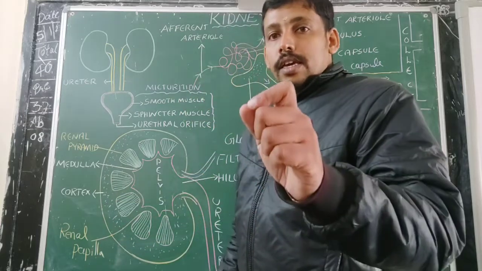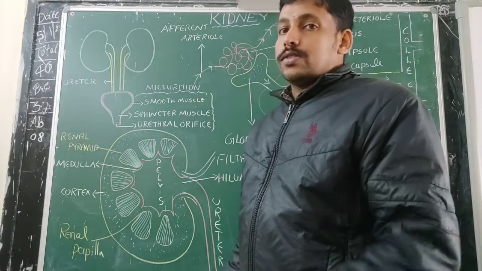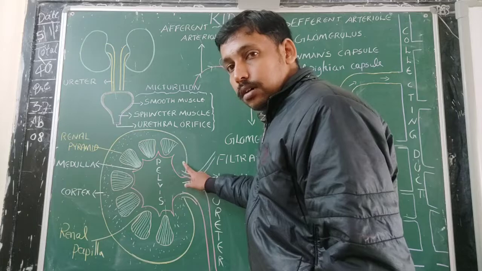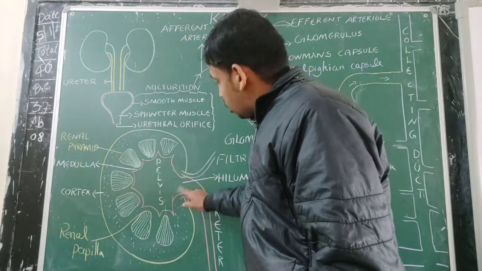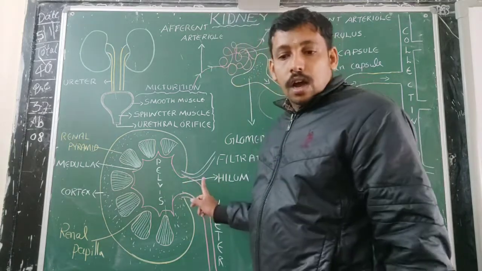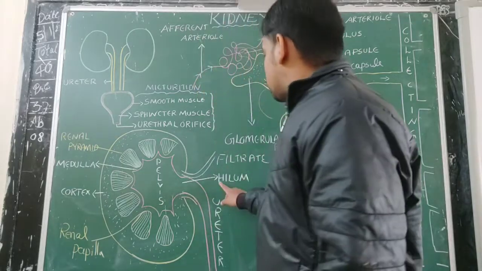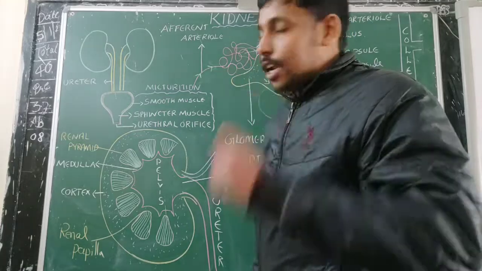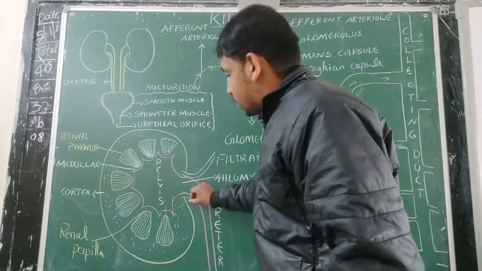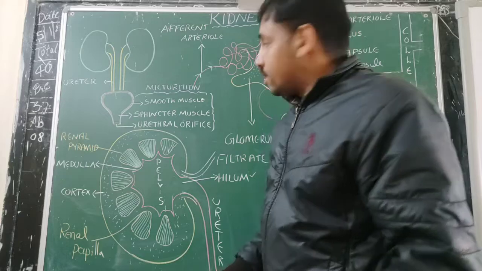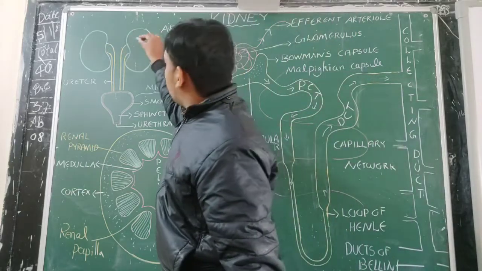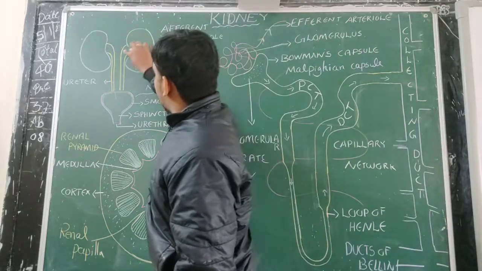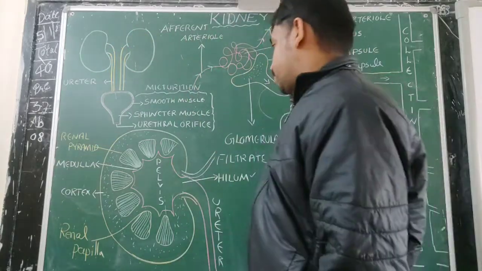At the inner concave face of the kidney we can see an opening, and that opening is known as the hilum. It is through this hilum that the blood vessels, nerves, and the ureter come into the kidney.